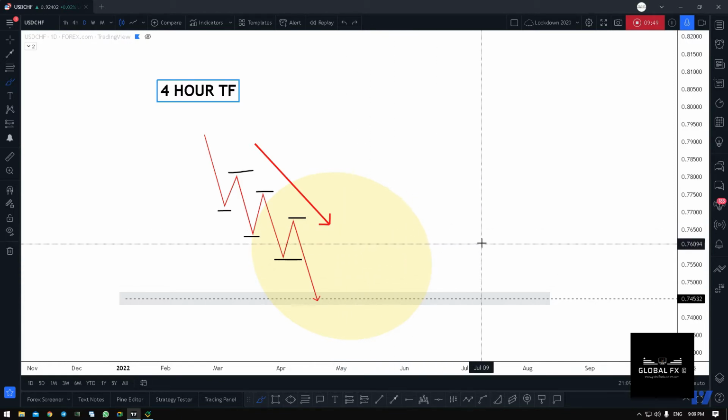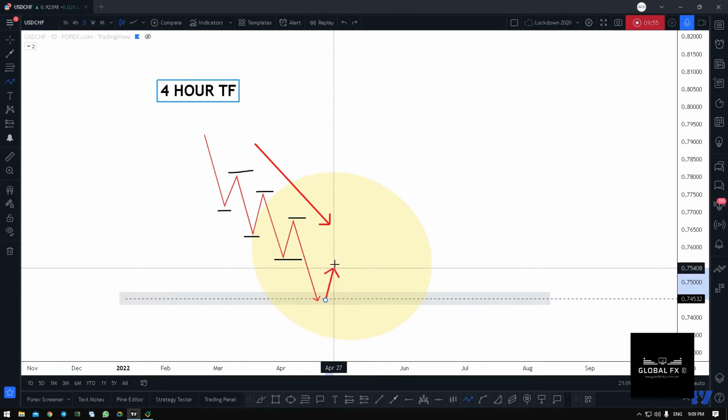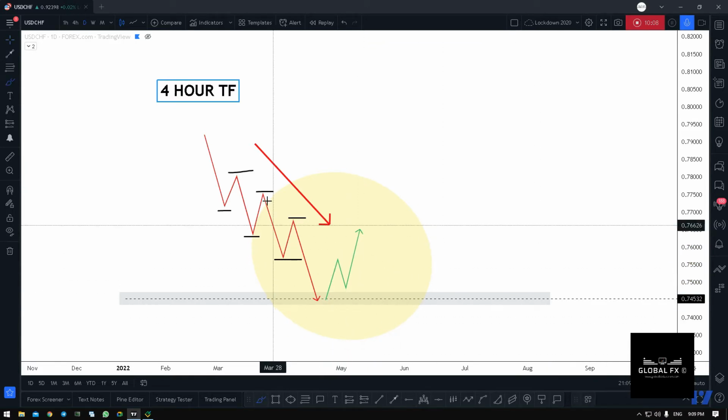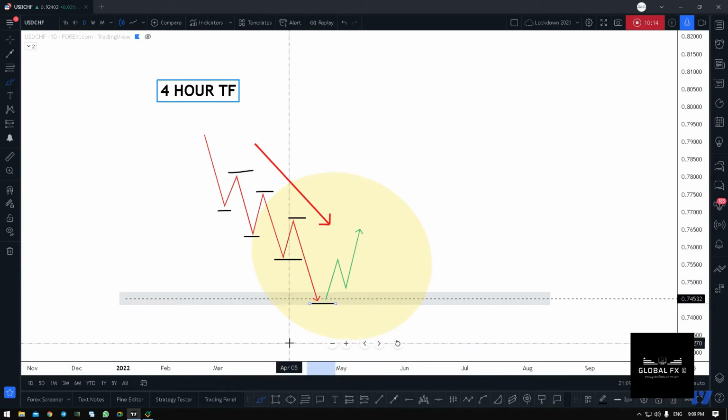When the market environment changes, you will automatically see the market start to change into a different type of momentum from the bearish momentum you had before. So it created this low over here.